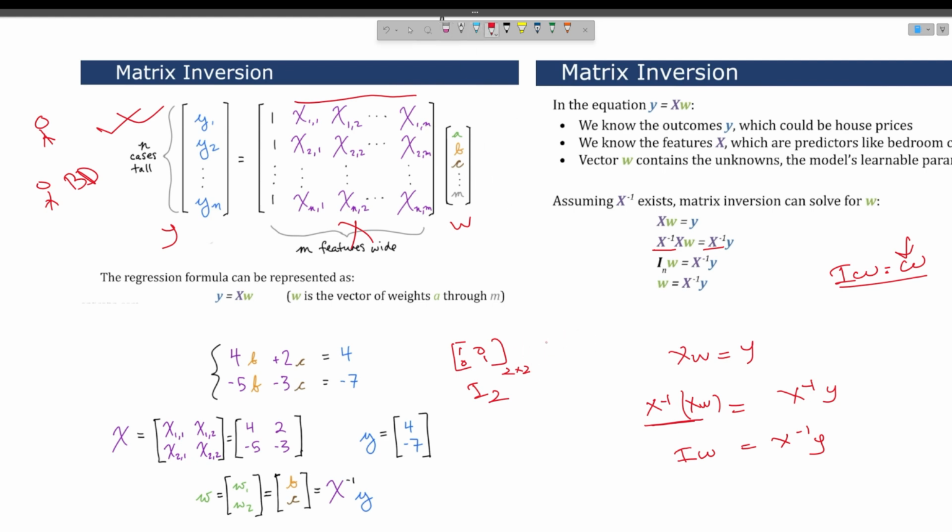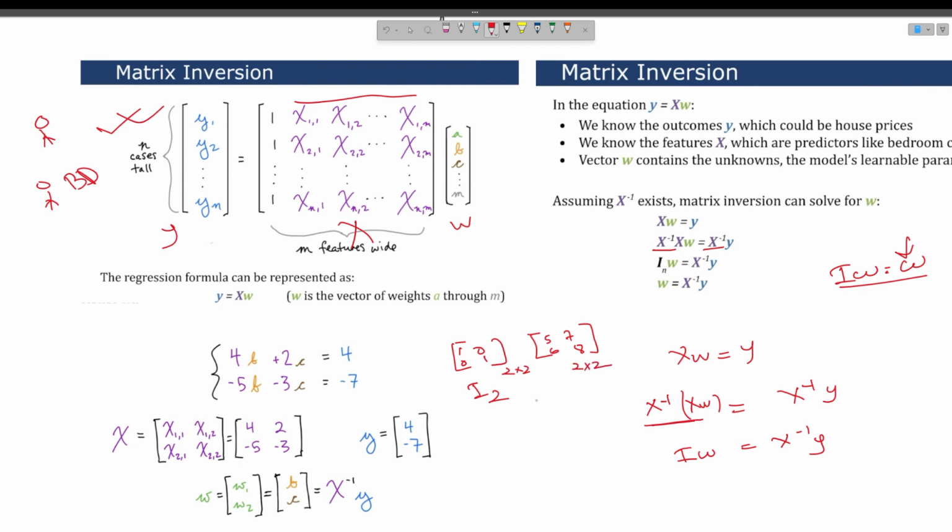Obviously, I need to think about the dimensions. We have 2 rows and 2 columns, so at least here we need to have 2 rows. So for example 5 6 7 8. Here we have 2 rows, 2 columns, again 2 into 2.